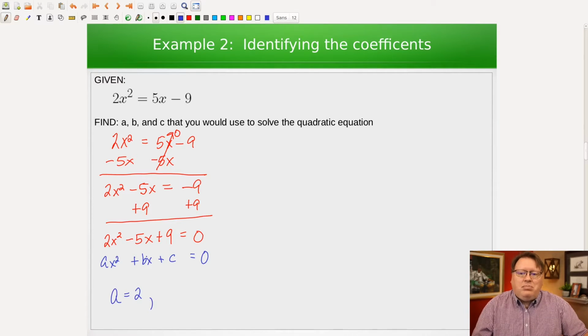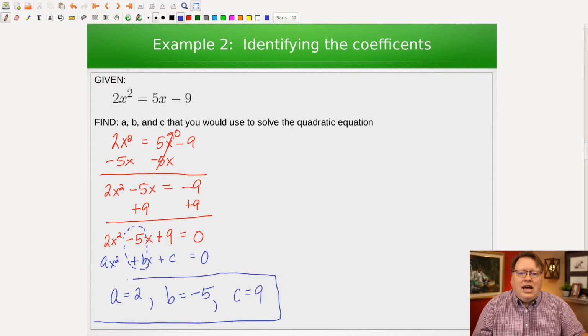Here I have this b, and again, I want to pull the sign with that. So my b is equal to a negative 5. And then here, I have c is just equal to a positive 9. And these are the coefficients that I would substitute into and solve the quadratic formula. And that would give me my solutions to the quadratic equation.